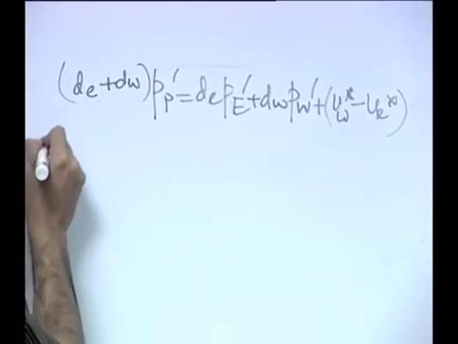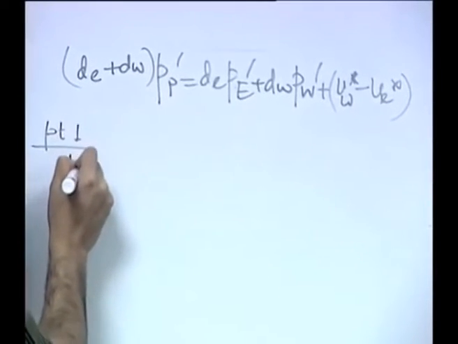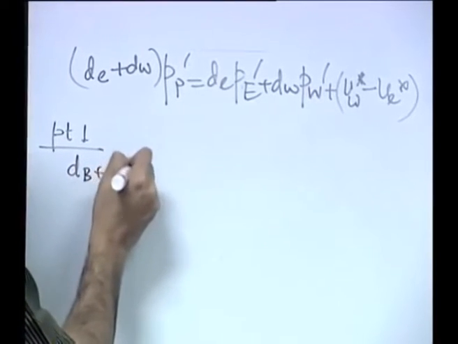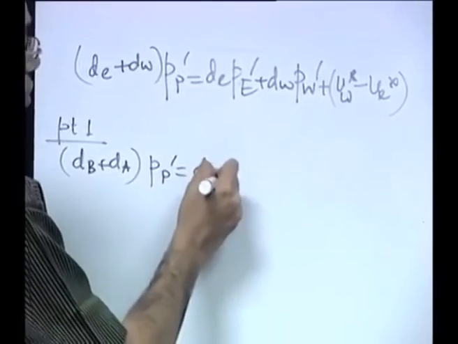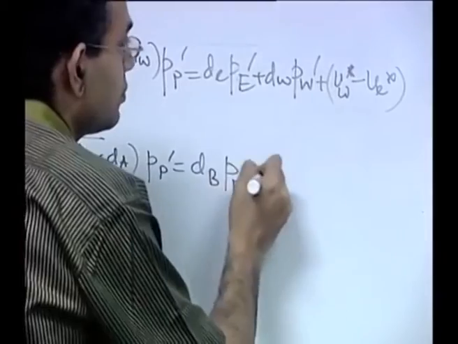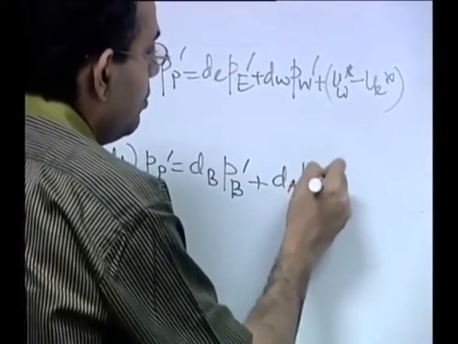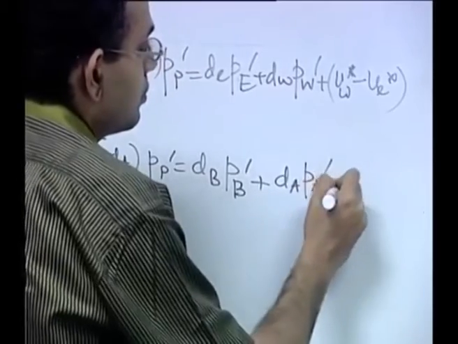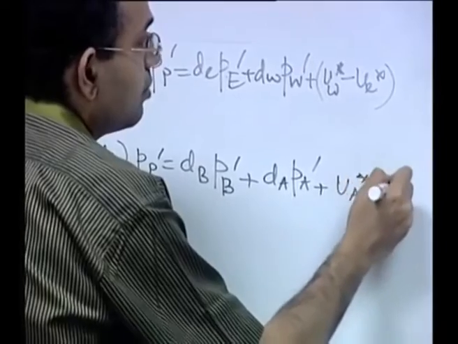So, you can write for point 1, dB plus dA into Pp prime is equal to dB Pb prime plus dA Pa prime plus ua star minus ub star.